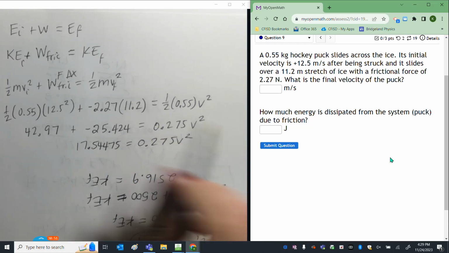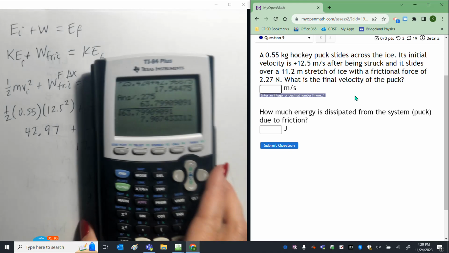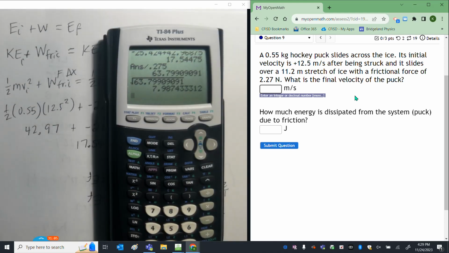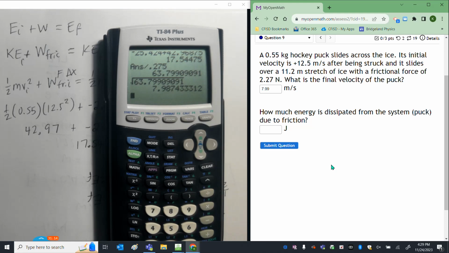Divide both sides by 0.275 and then take the square root because that's v squared. We need v. And that gives us a final velocity, here it is, of 7.99 meters per second.